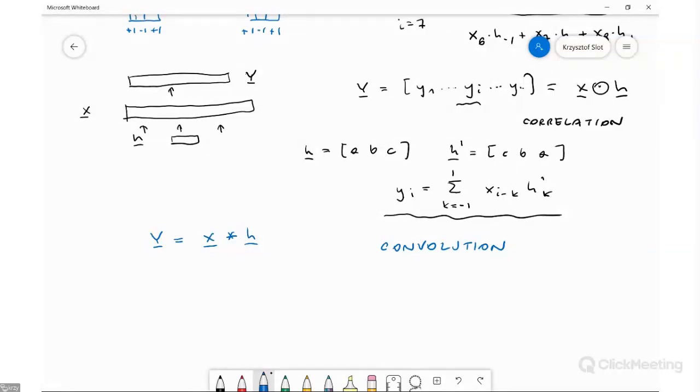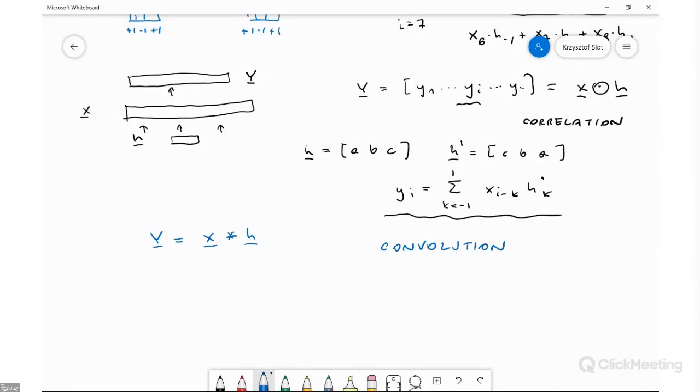One of the purposes of transforming signals using the Fourier transform was that filtering, instead of these dot products, could be replaced with multiplication of the results of the transformation. And it was directly equivalent to convolution, not to correlation.